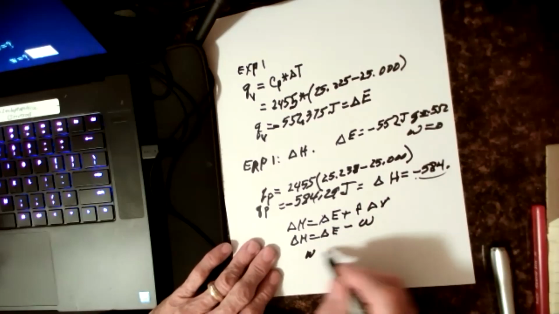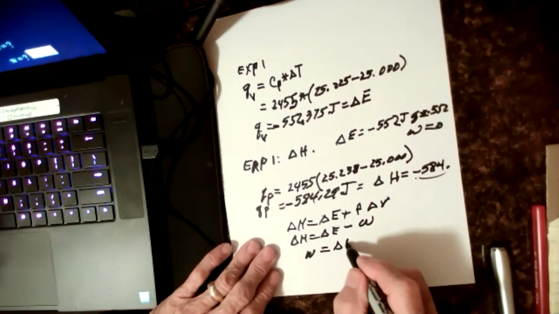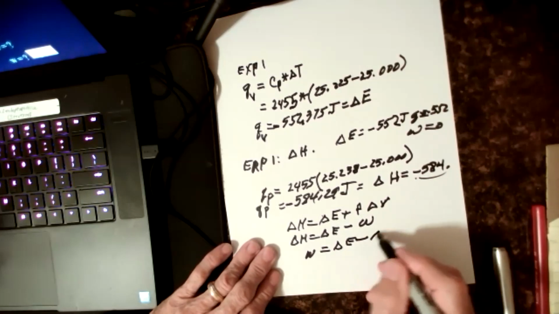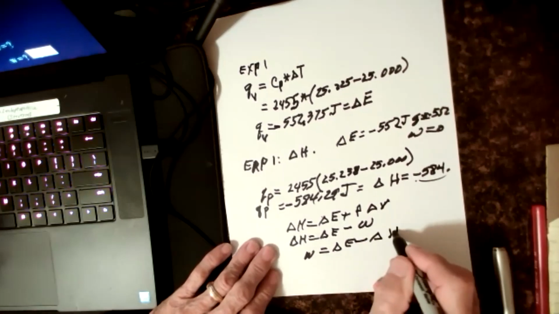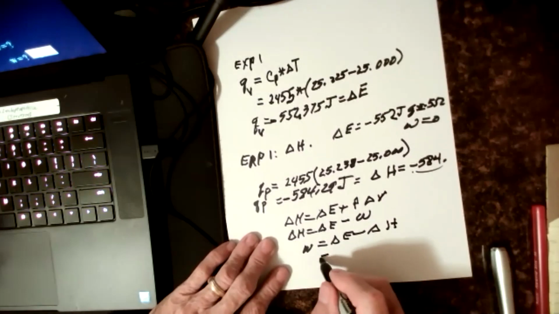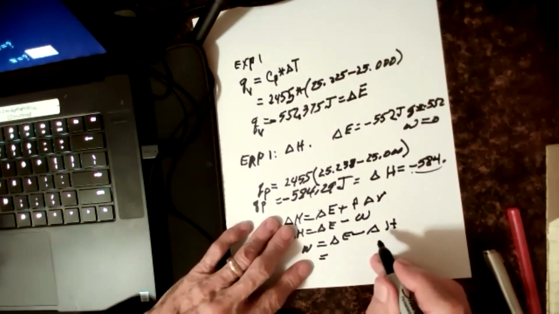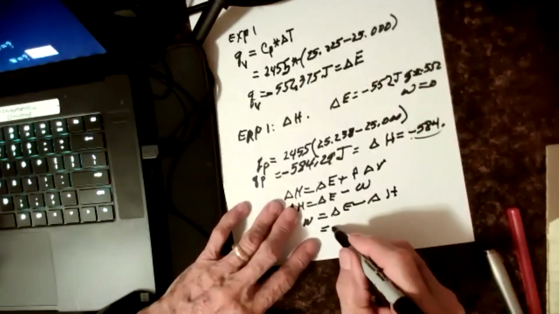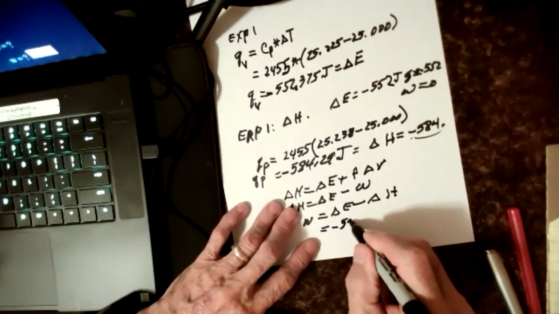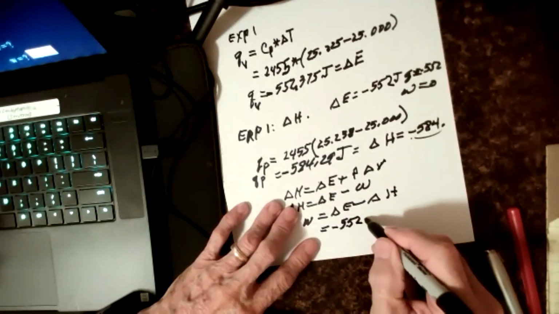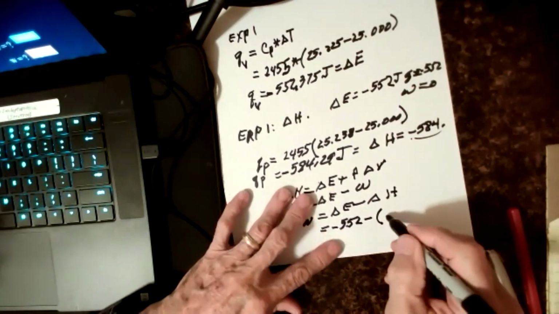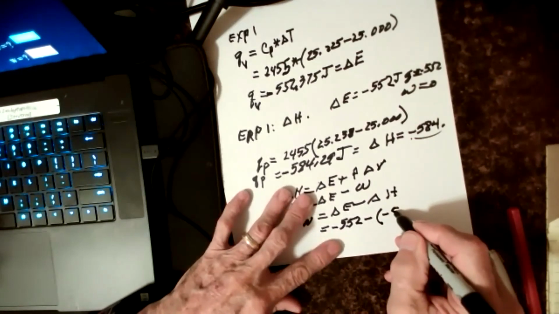So the work is going to be equal to delta E minus delta H. Okay, so what do we get for delta E? We got delta E was negative 552, minus the delta H, we get minus 584.